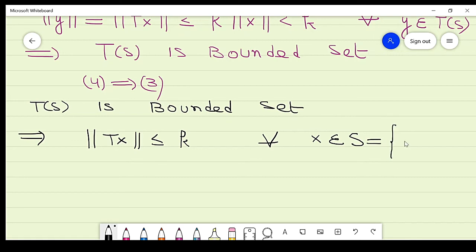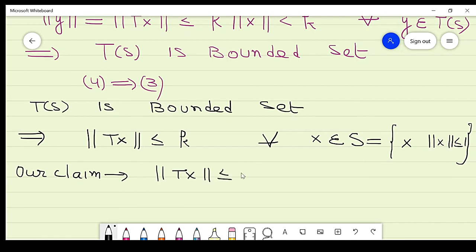S means all those members whose norm is less than or equal to 1, right? My purpose is to prove that T is bounded. So our simple claim, T is bounded, means norm of Tx is less than or equal to k into norm of x. That is my purpose, for every x belongs to N, right?